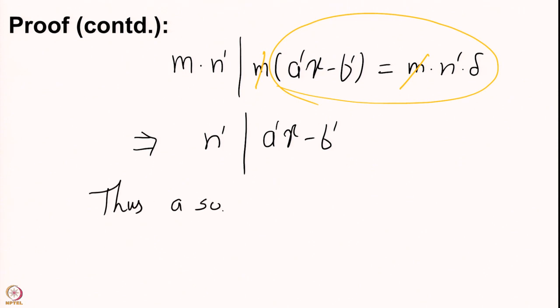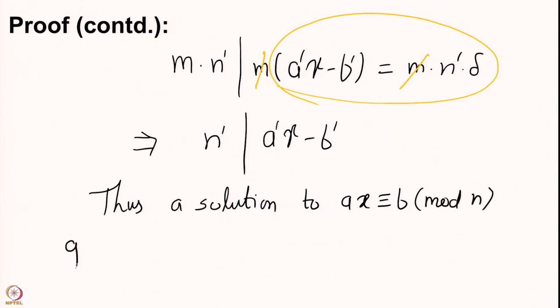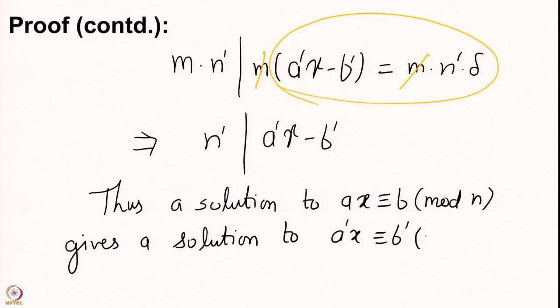So, thus a solution to Ax congruent to B mod n gives a solution to A prime x congruent to B prime mod n prime. So, we have proved this in both the directions.